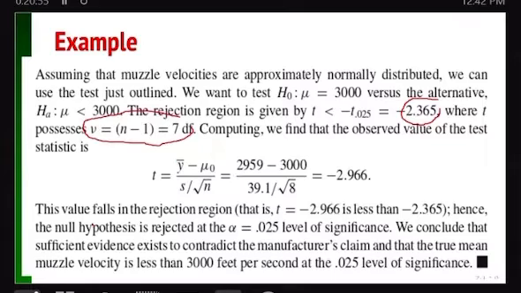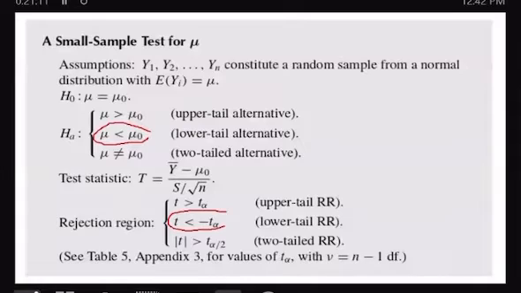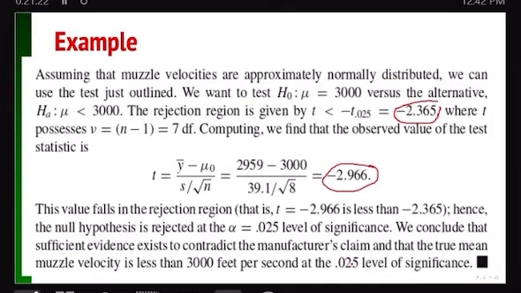Okay, now what is going to happen? I need you to pay attention. We got this value when we calculated. When we check from the table, look at the law, I'm going to show you the law right now. You see what the law is saying? Reject H naught when T is less than what you check from the table. Now let us see. Is this value less than that?